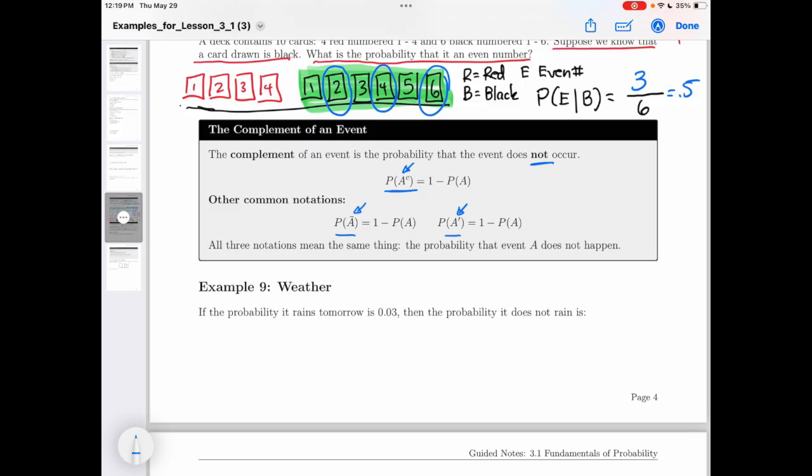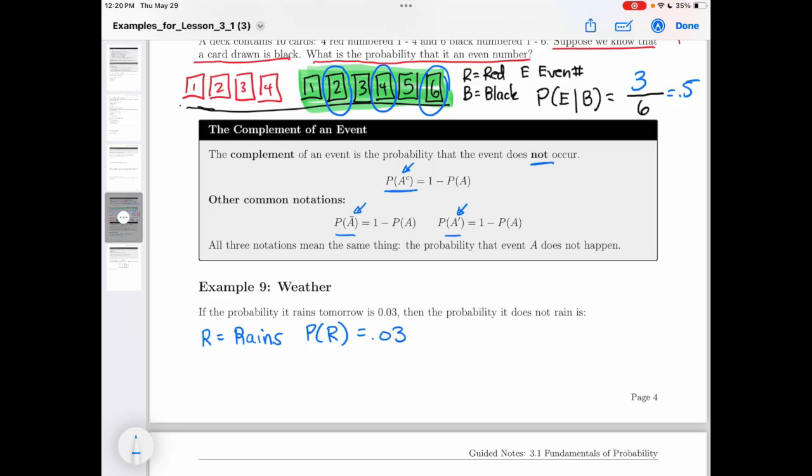So looking at example 9, if the probability that it rains tomorrow is 0.03, then what is the probability that it does not rain? So let's let R be the event that it rains. So that means the probability that it rains is 0.03.